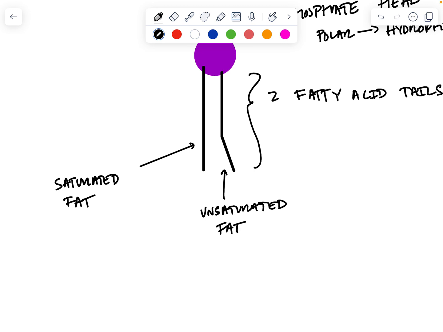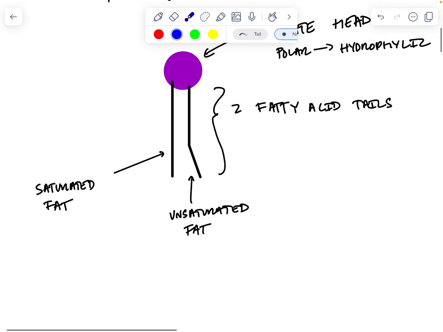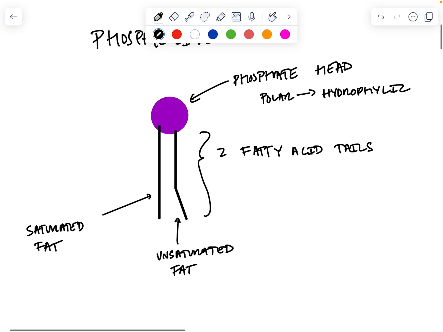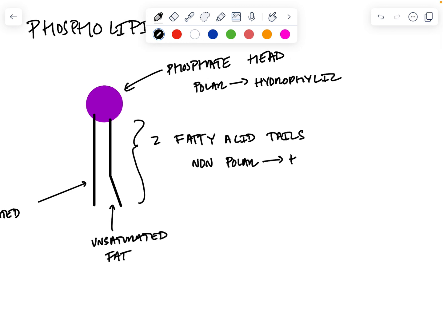It's important to have a mixture of saturated and unsaturated fat in the membrane because it helps control the fluidity of the membrane. Remember that saturated fats are solid at room temperature and unsaturated fats are liquid at room temperature. If you have too much of one or the other, then your cells will be too stiff or they'll be too liquidy. So you need a mixture of both. These two fatty acid tails are very non-polar. So as a result, they're very hydrophobic.